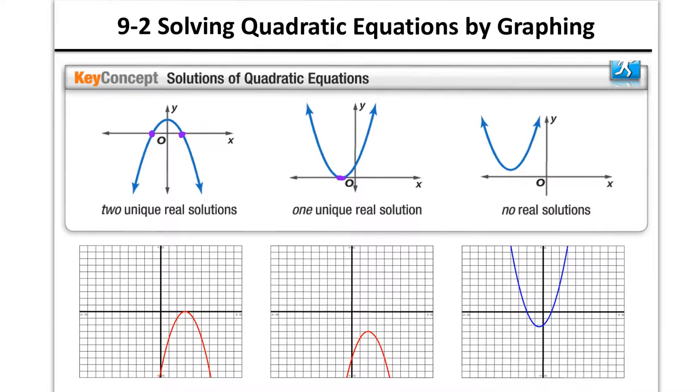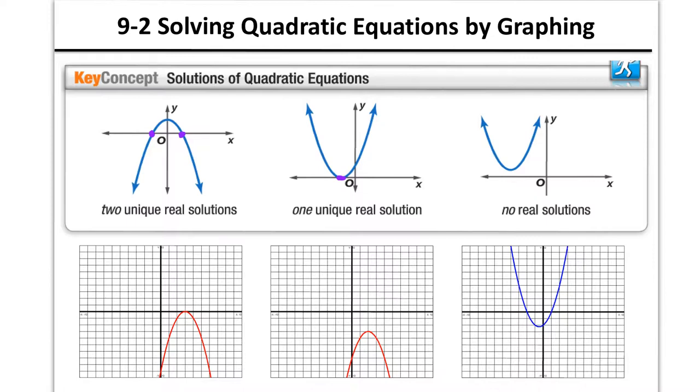The next option is where the parabola, and it doesn't matter if it goes up or down, is not touching the x-axis at all. It's not going through the x-axis. When that happens, we say there's no real solutions. Which means we have imaginary solutions, but in this Algebra 1 class, we are not talking about imaginary solutions, just real. So we say no real solutions.